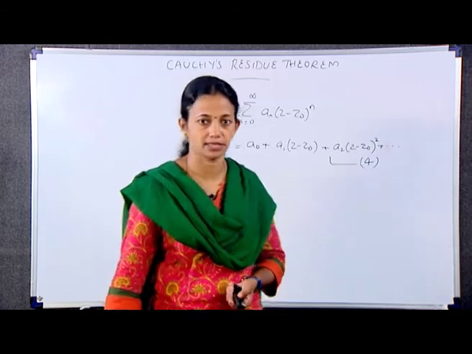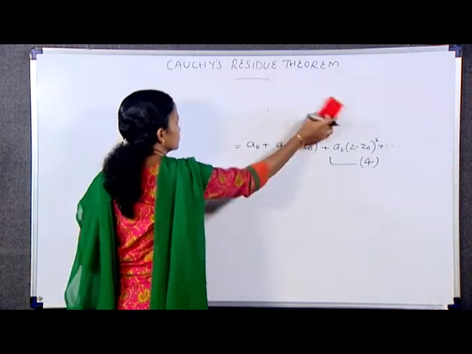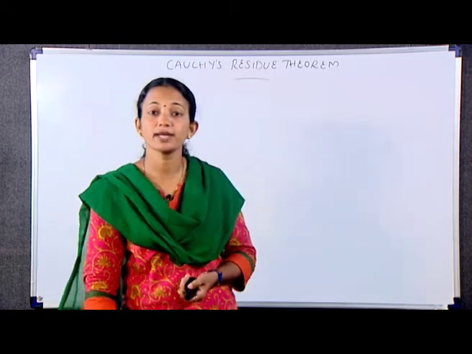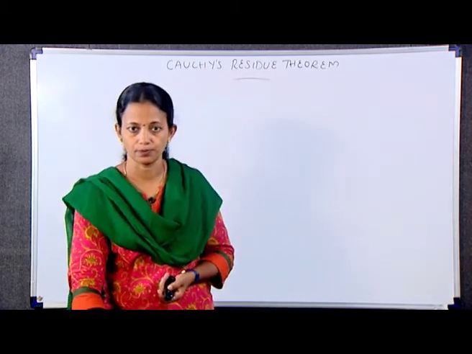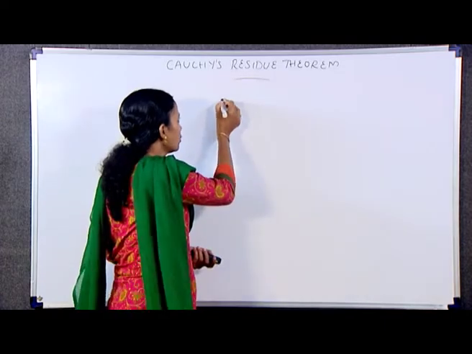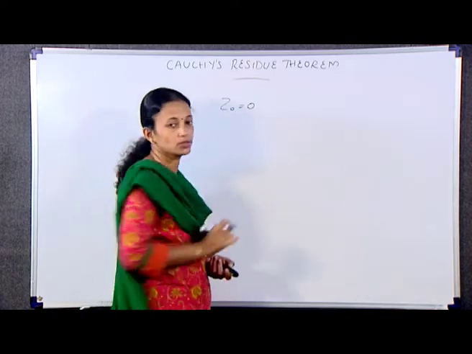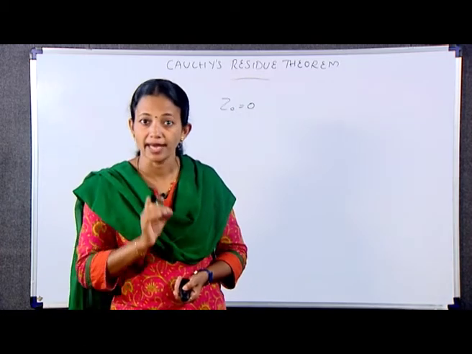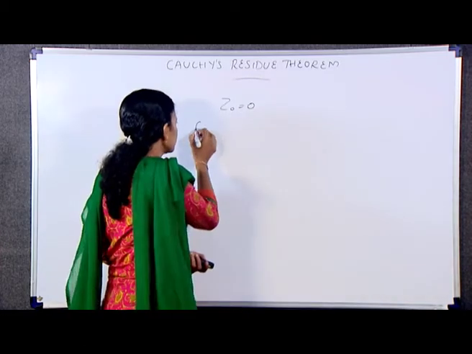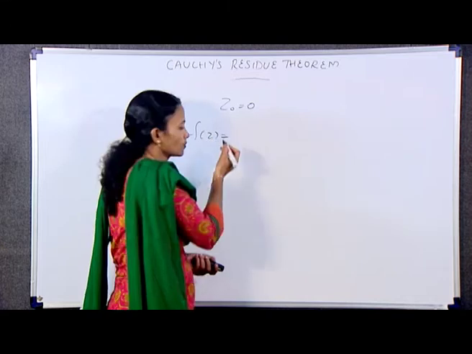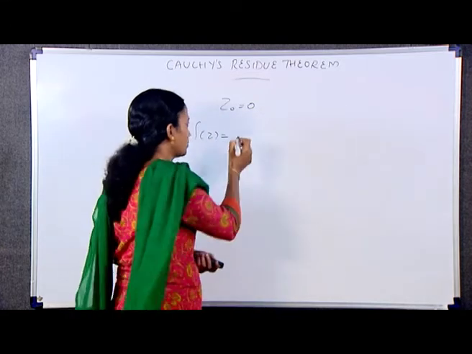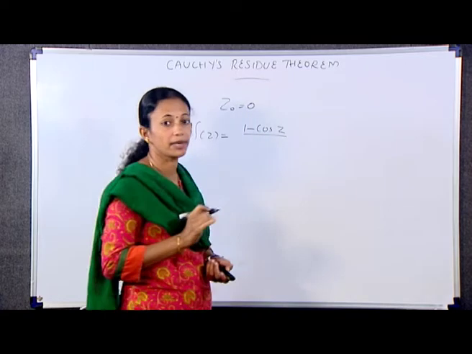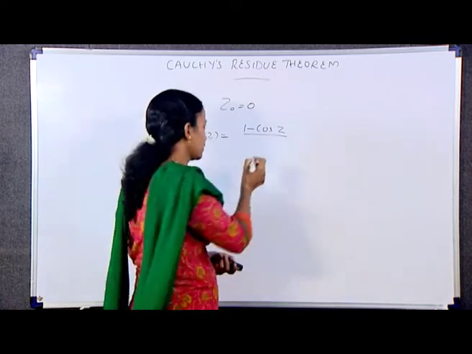Let us do some examples. The point z0 equal to 0 is a removable singular point of the function f(z) equal to (1 minus cos z) by z square.